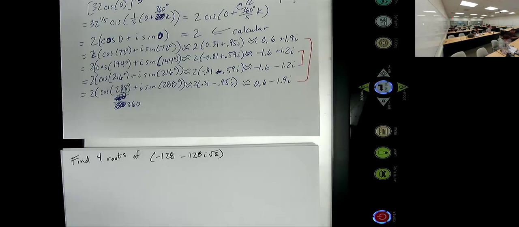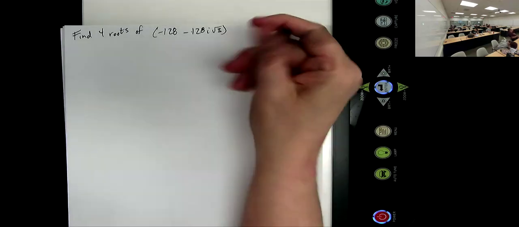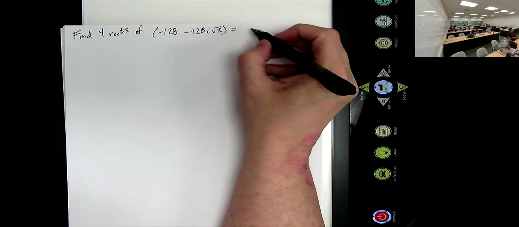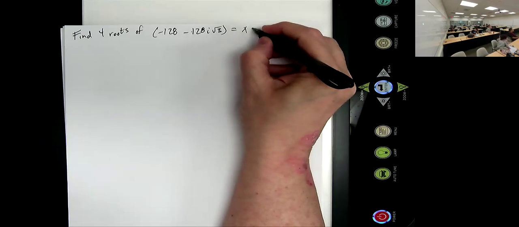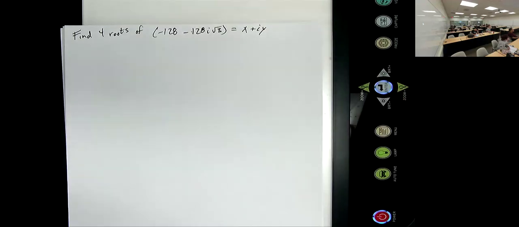They wanna walk me through the steps here? Write it out as x equals, so we can see. I'm trying to take the 4th root of negative 128 minus 128i root 3. Like an x plus iy kind of thing? I'm just following the pattern of the last one.